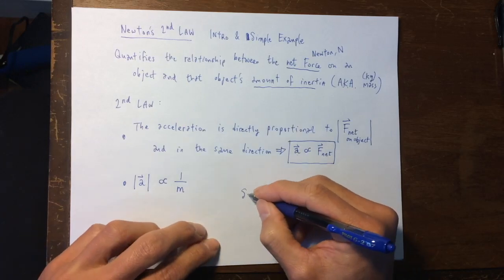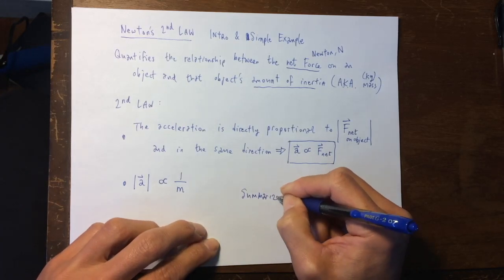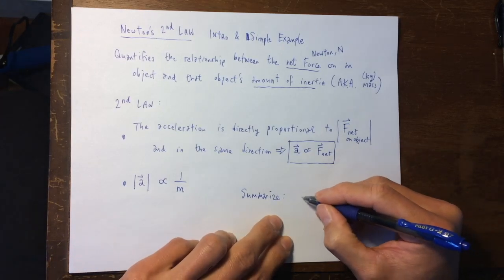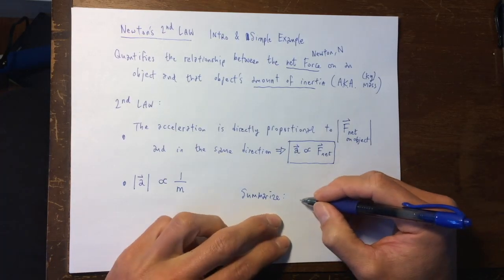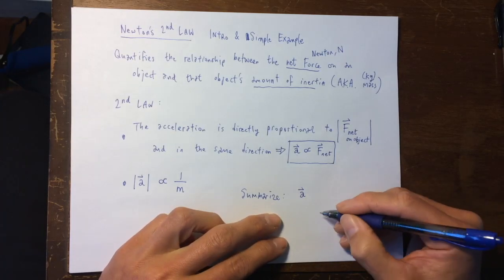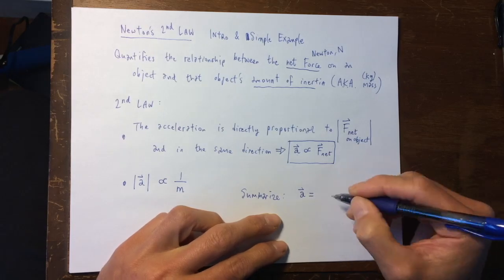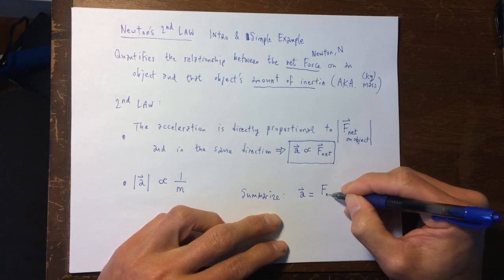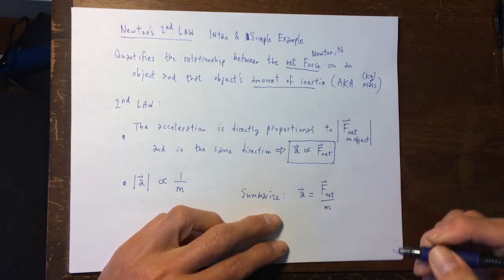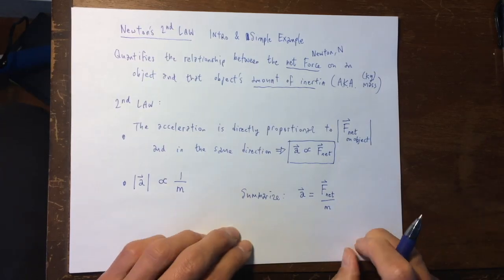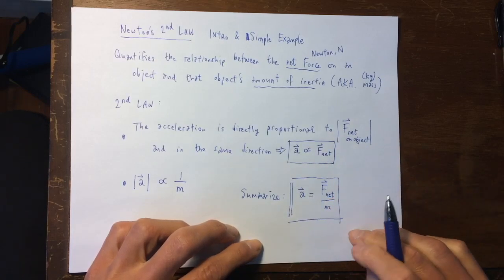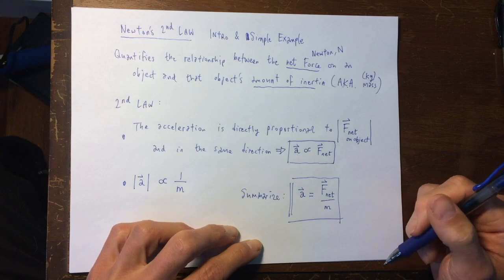And you can summarize Newton's second law with a nice tidy statement, which is pretty interesting. It's the claim that the acceleration of an object is equal to the net force on that object divided by the inertia of the object, or the mass of the object. This is a way to write down Newton's second law right here.